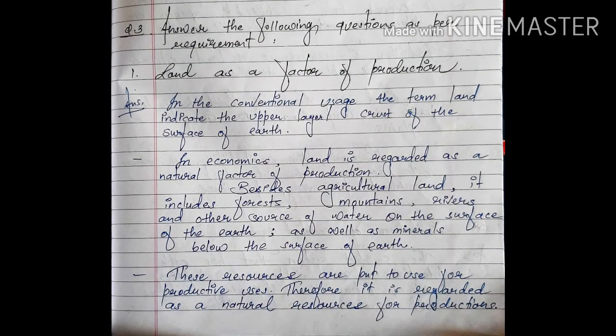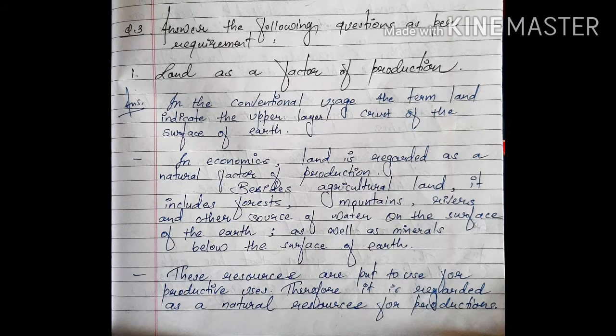Answer the following question as per requirement. The first question is land as a factor of production, and the answer is: in the conventional usage, the term land indicates the upper layer crust of the surface of earth. In economics, land is regarded as a natural factor of production.